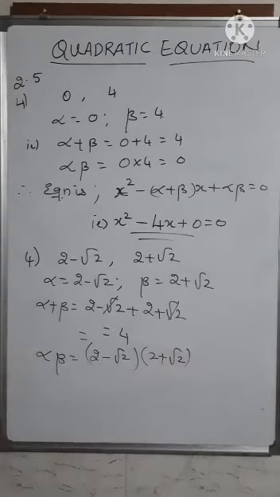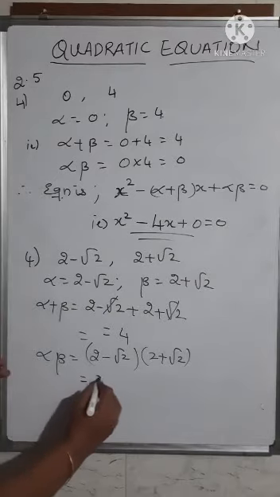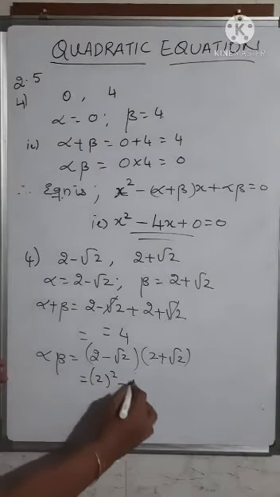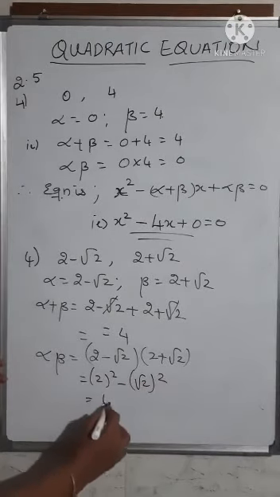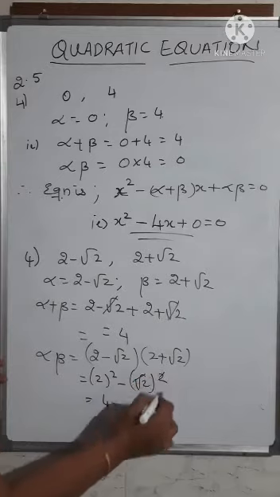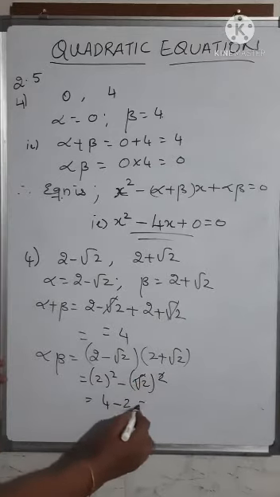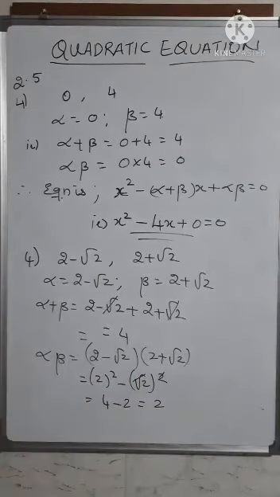Now when you look at this one, this is in the form of a plus b into a minus b, where you can work it out by using a square minus b square. So in place of a, you have got 2 square, b square is root 2 whole square. So 4 minus, this root and square get cancelled, 4 minus 2, you will get it as 2.